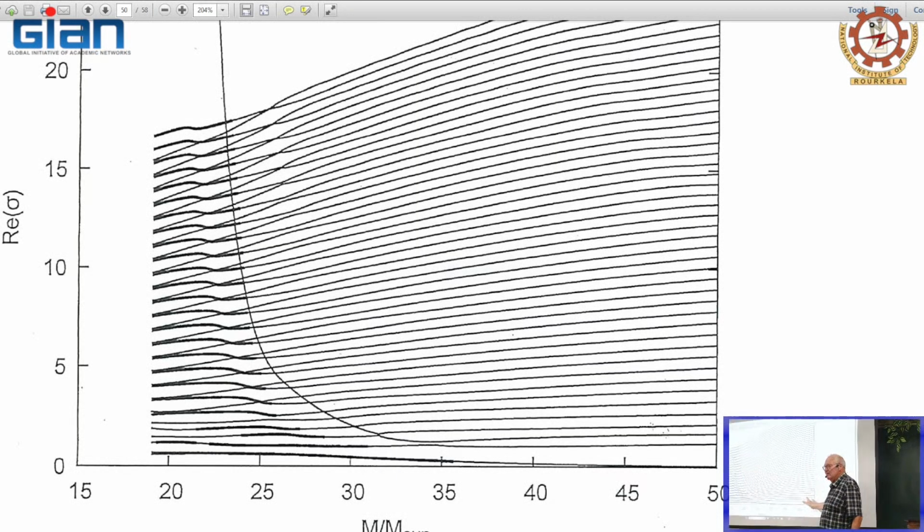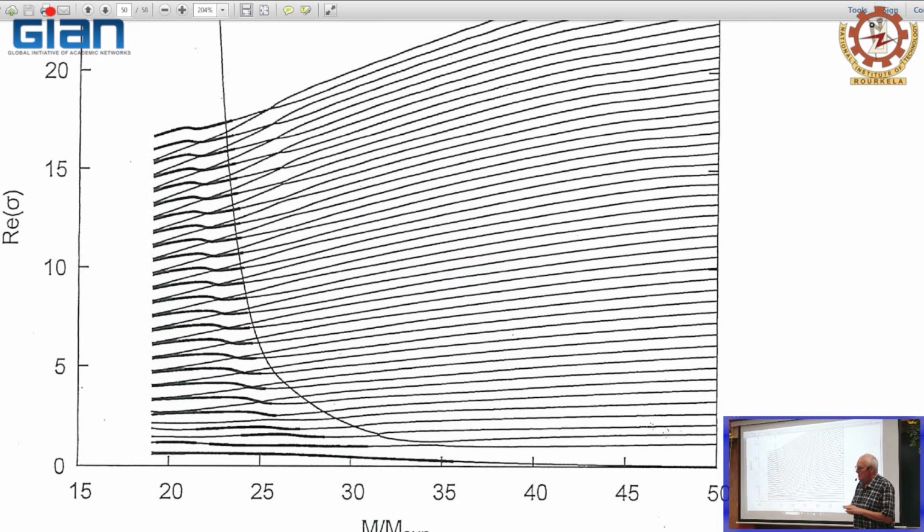Well, this star is the object which has the highest values for the thermal timescale. But once we decrease the mass and the star becomes more and more non-adiabatic, we see the mode pairing, mode crossing process occur below masses of, say, 30 solar masses.